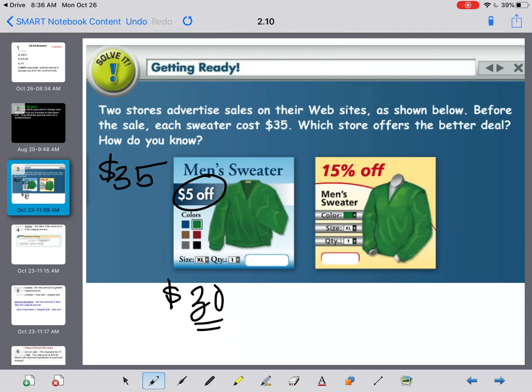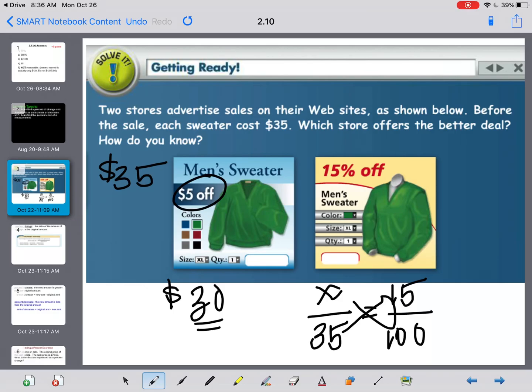The second one starts at $35, but we're getting 15% off. So we have to use what we learned in 2-9 and figure out what that 15% is and then actually take it off. I need my part, which is what I don't know, over my whole, which is the $35 sweater, equals the percent over 100.